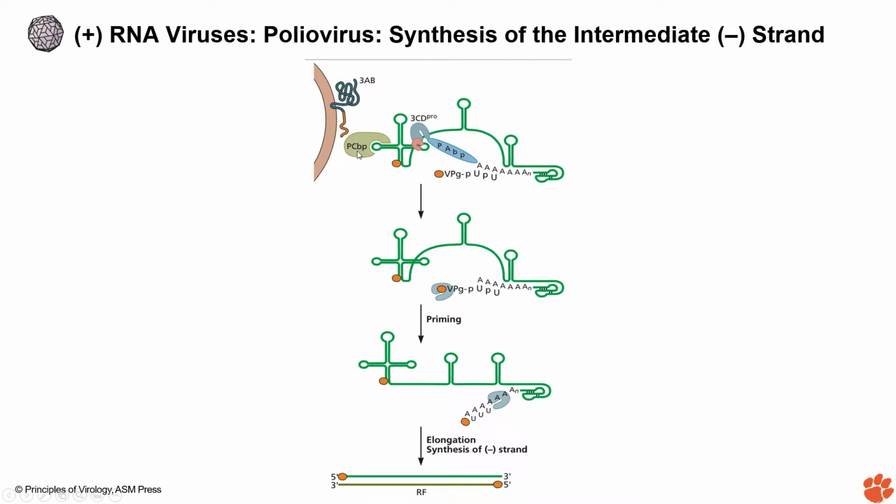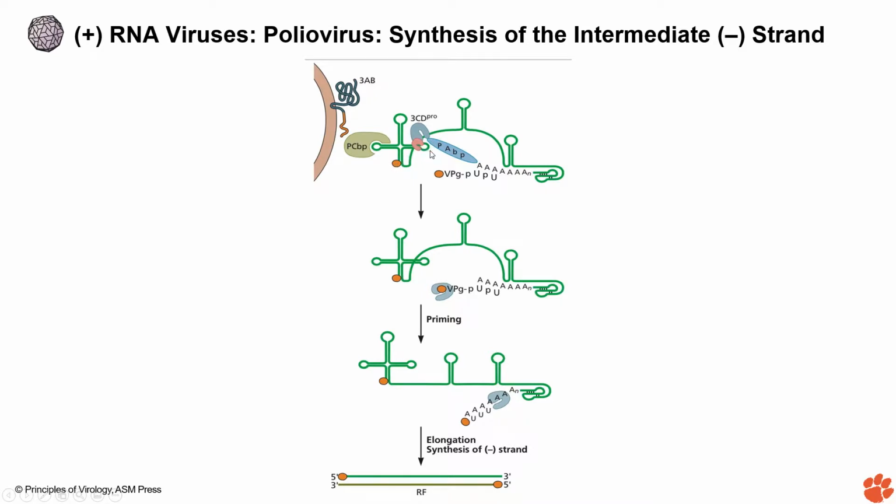So where is the poly-C? The poly-C is on this cloverleaf structure, the C. These are the C, like the cytidines basically. So poly-C binds in here and brings the genome RNA close to this structure. See that this is the genome RNA with the attached VPG as well.